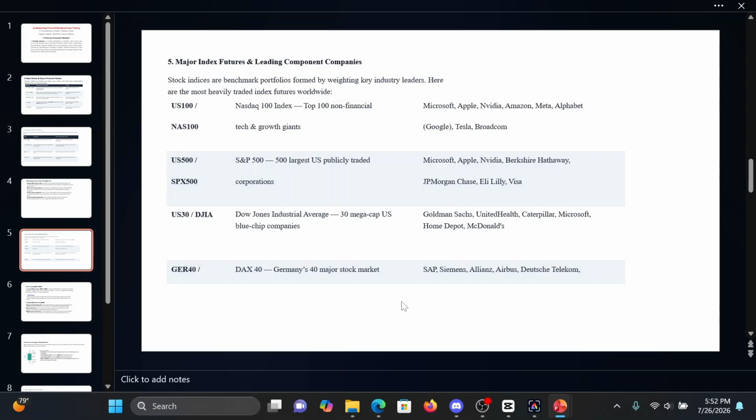And then you have the German 30, the German 40, what we call the DAX 40, which deals with Germany's 40 listed best performing stocks. Okay, so our major focus depends on the first one.